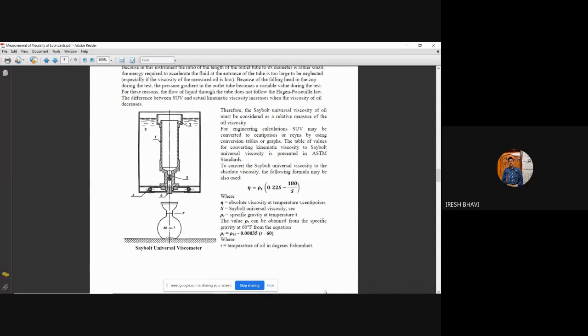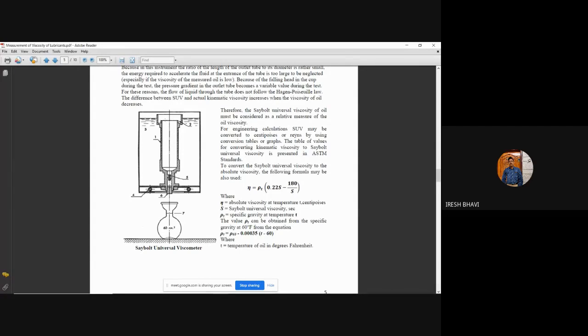Initially, we first heat the oil to the temperature, and then it is maintained at that temperature by using these heating coils and this water bath. Then the oil whose viscosity is to be measured will be poured up to this point.